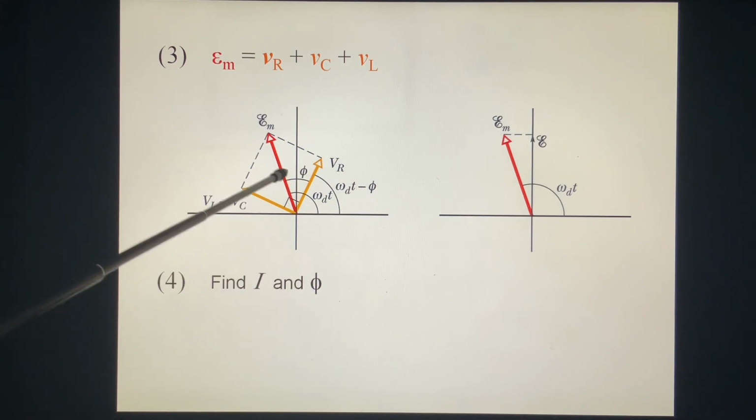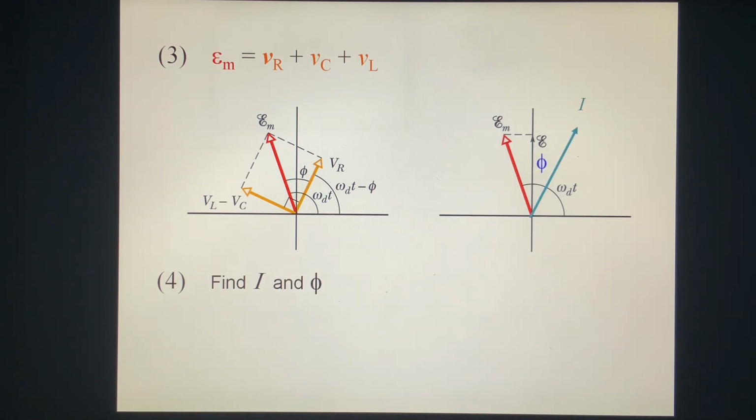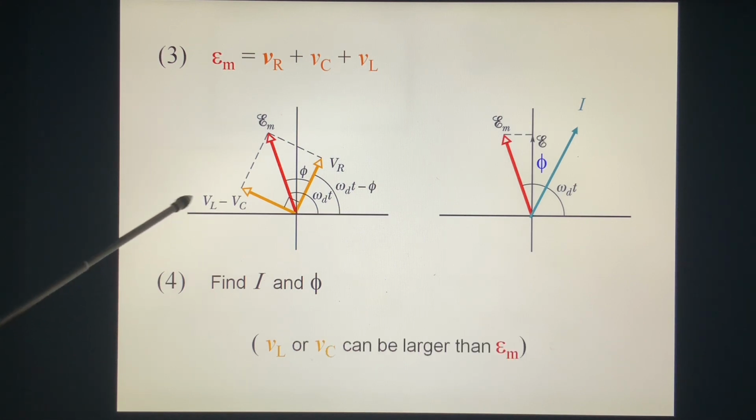So epsilon is at omega t minus phi plus phi, that is omega t. We notice that VL and VC themselves can be larger than epsilon, because epsilon depends on the difference, so they can be larger than epsilon.